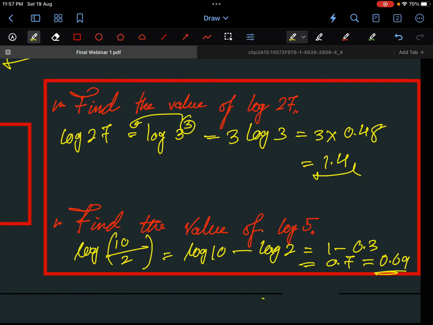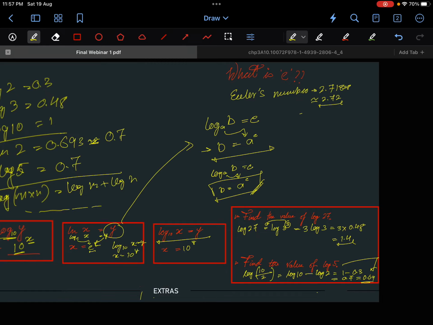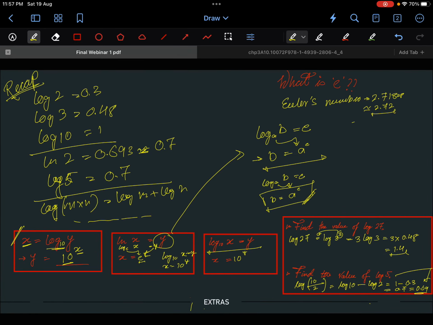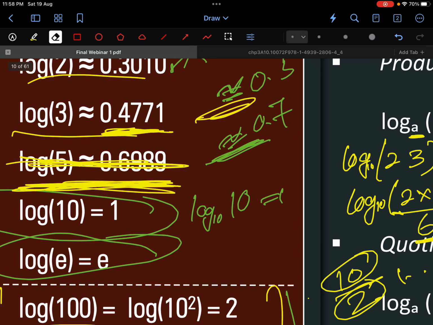Let me check this value. Log 5 from our calculation is 0.69 or 0.7. Let's check whether it is true. Here we can see that log 5 is actually 0.69, very close to 0.7, right?